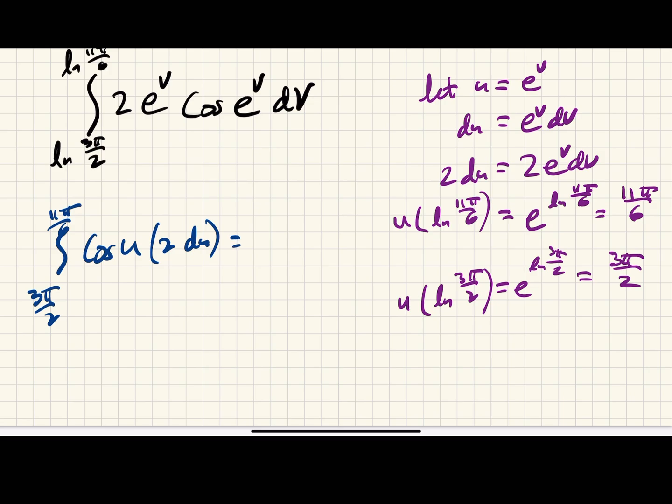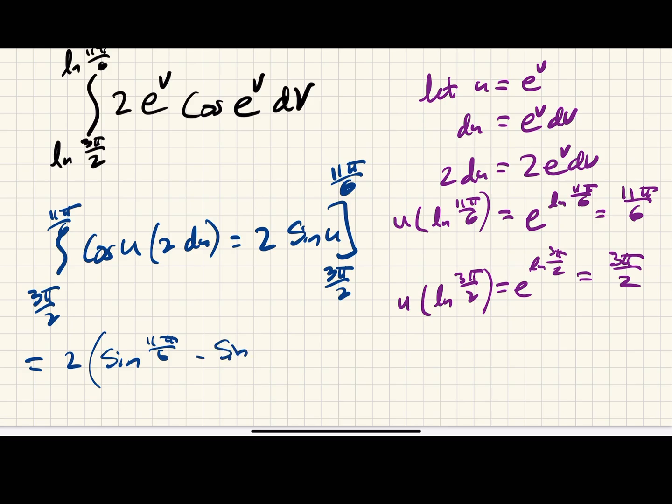So we've got 2, and then we've got sine, right? Sine u evaluated from 3 pi over 2 to 11 pi over 6. So we have 2 times sine 11 pi over 6 minus sine 3 pi over 2.